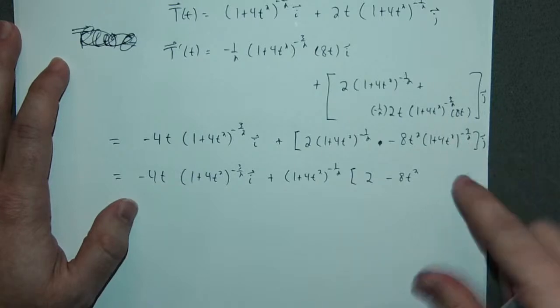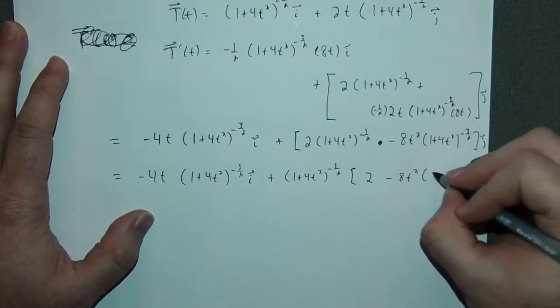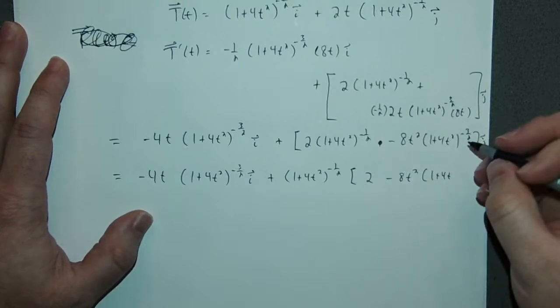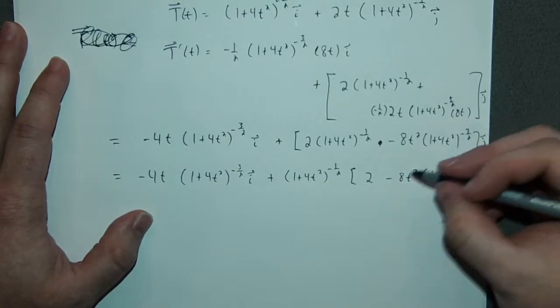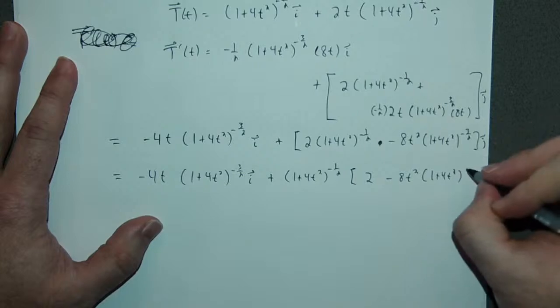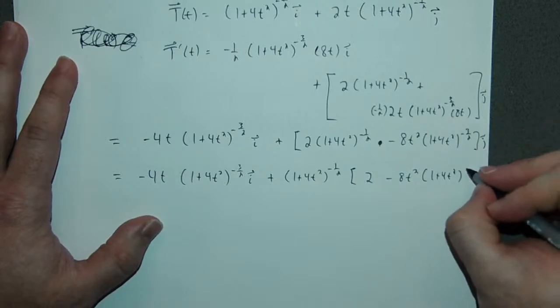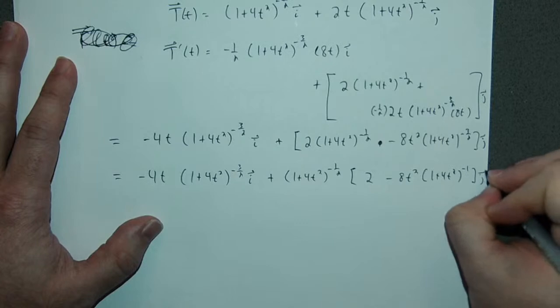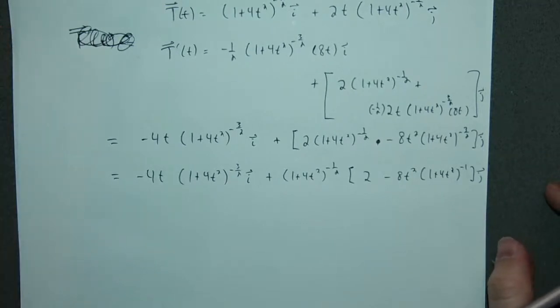And so this is actually 8t squared times (1 plus 4t) to the minus 1 j. Do I want to leave it like this before I compute the length?